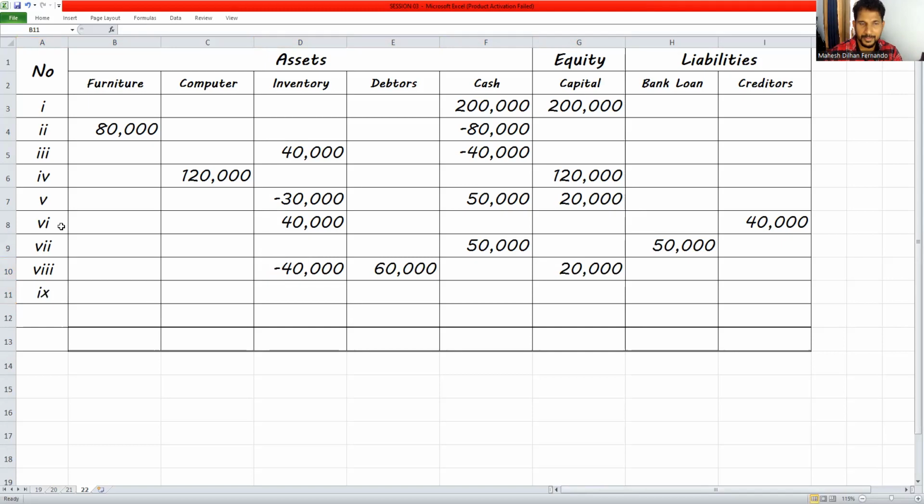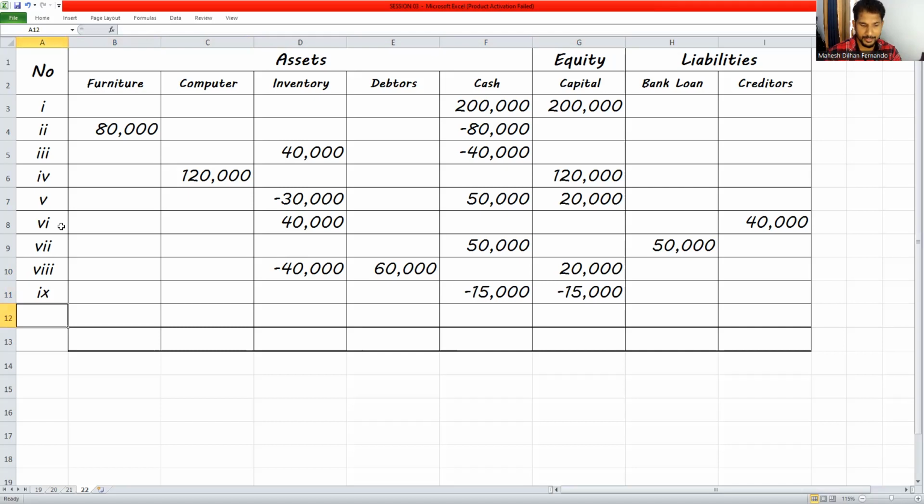Number 9, paid 15,000 as electricity bill of the business. Right, think. The business has paid an expense in cash. That is how to analyze it. That decreases the cash by 15,000, and it is an expense of the business, which decreases equity.